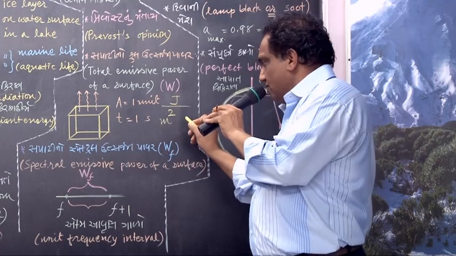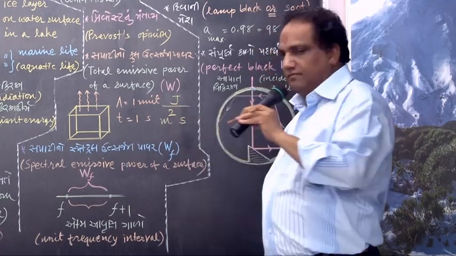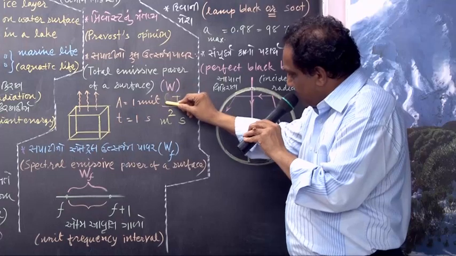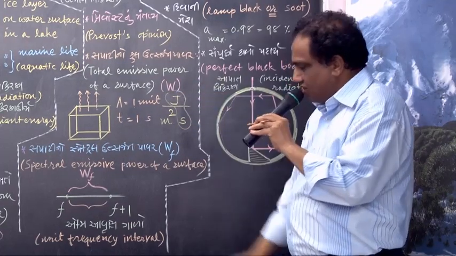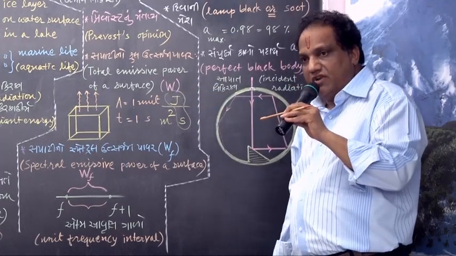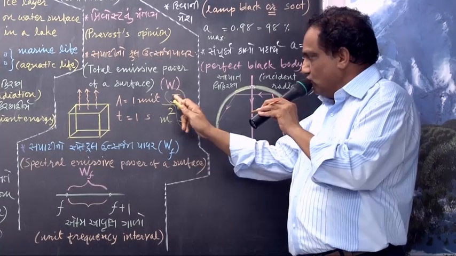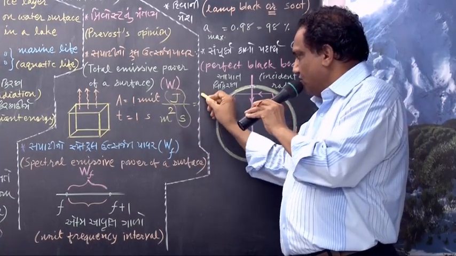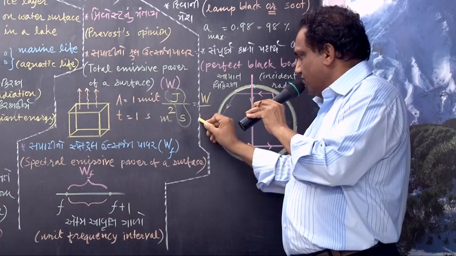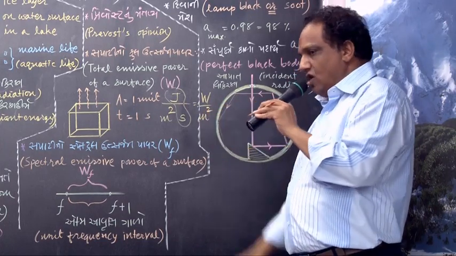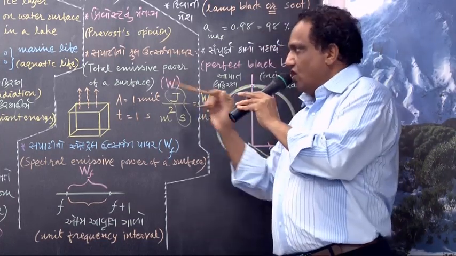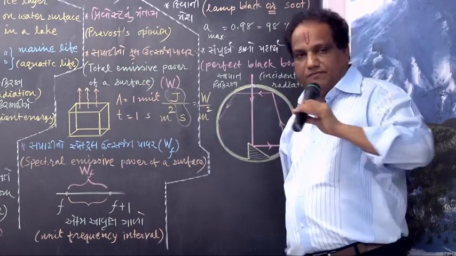Per unit time, I should divide by the unit of time. What is joule upon second? Watt. The unit of power is joule upon second, so joule upon second can be replaced by watt. So it is watt upon meter square. It is the unit of total emissive power.